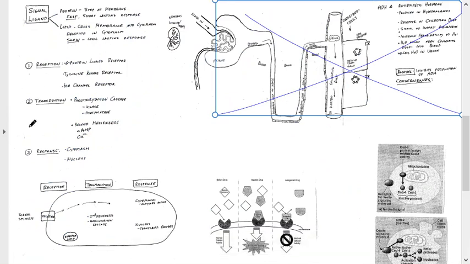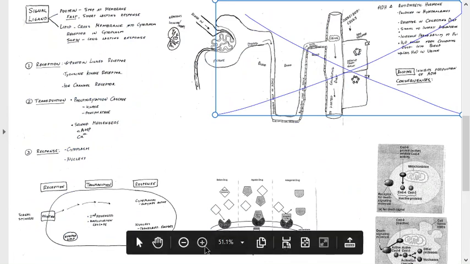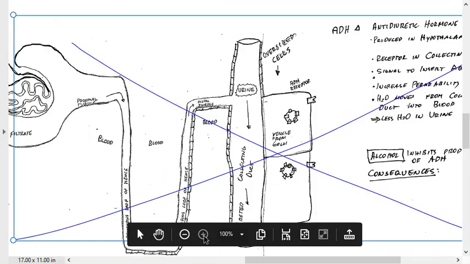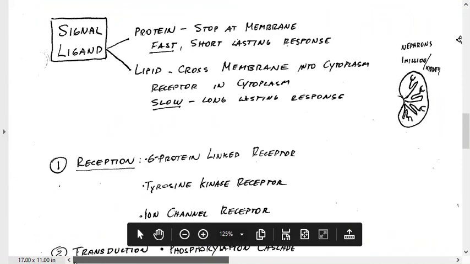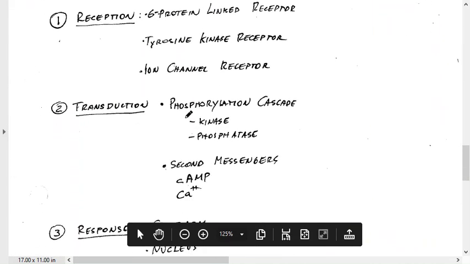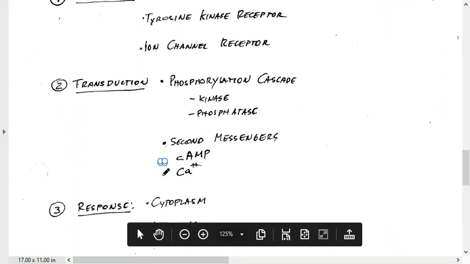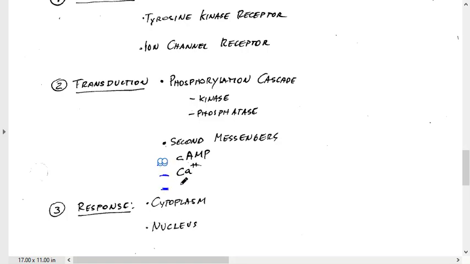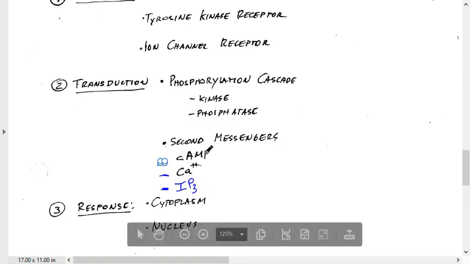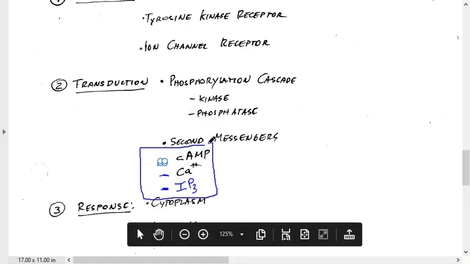There's a nice overview here on the left, but I do want to draw your attention to the second messengers, because we did add a third messenger, or I told you I was going to. I just haven't done it yet. Go ahead and add IP3. I just want you to be aware of these second messengers, and you don't really have to know what IP3 means. I mean, I can tell you.